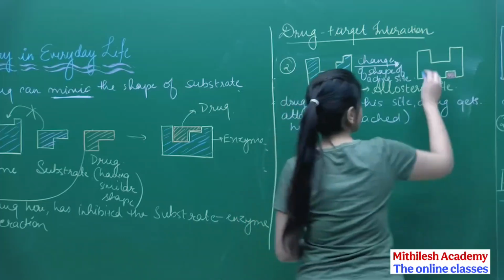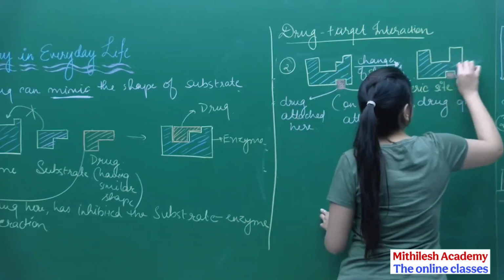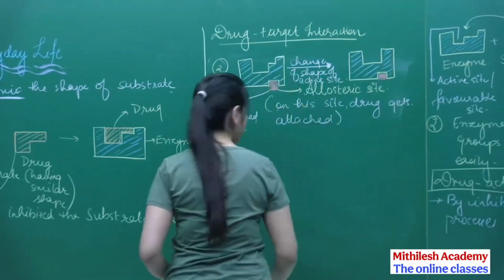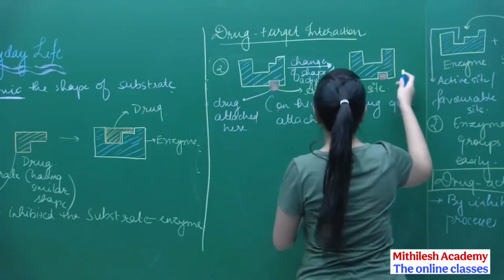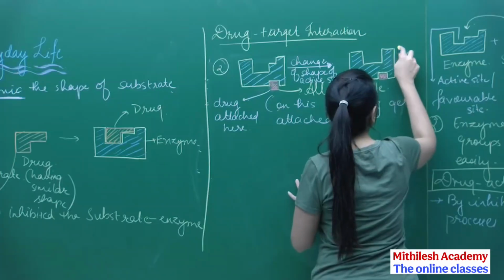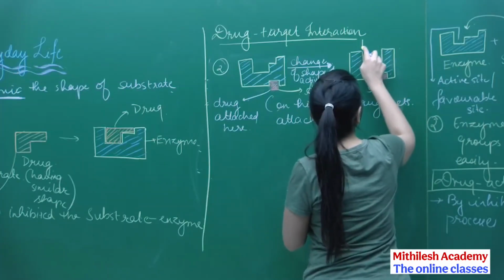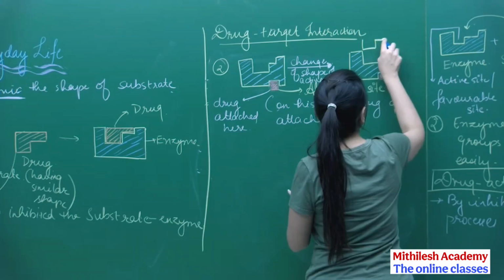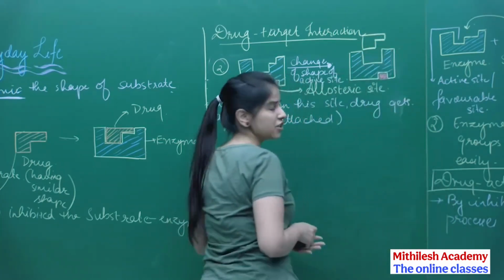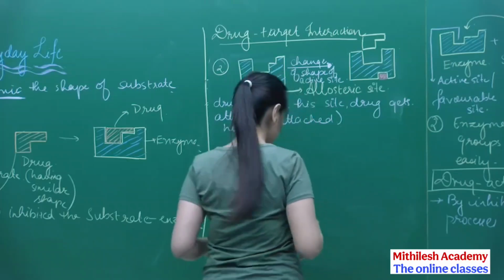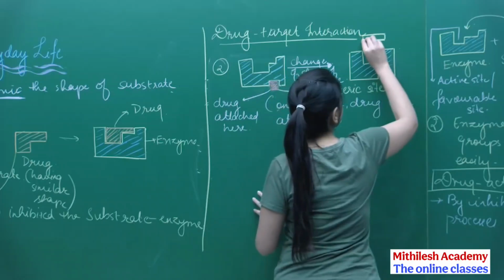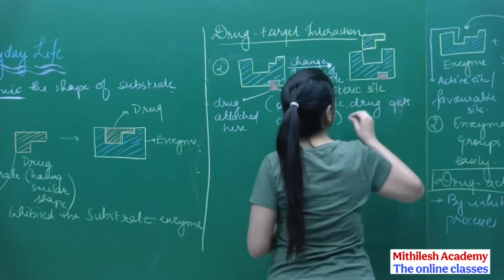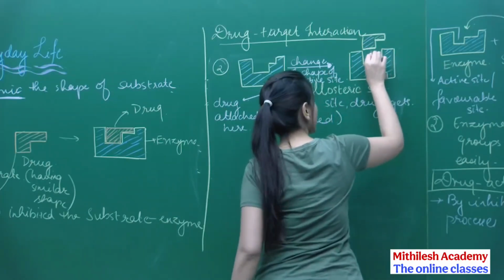And what else do I need? Now what will happen? If I have got a substrate over here, a substrate like this, this was the kind of substrate that we had initially, at the very beginning. So this was the initial substrate, and I cannot let this go in.